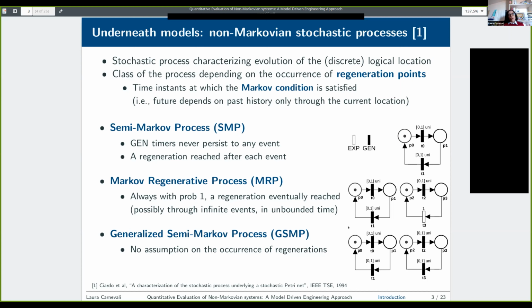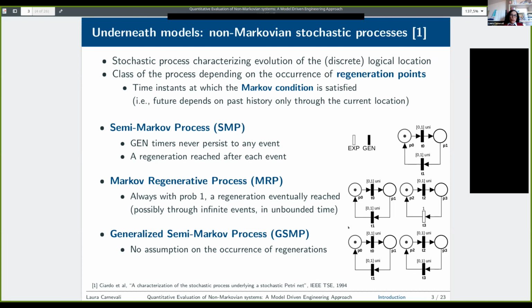So first of all, when we mention the stochastic process underlying a model, typically we refer to the stochastic process that characterizes the evolution of the logical location of the system, so the evolution of the discrete components of the state of a system. And there are different classes of non-Markovian stochastic processes, and these different classes differ in the way the process encounters regeneration points.